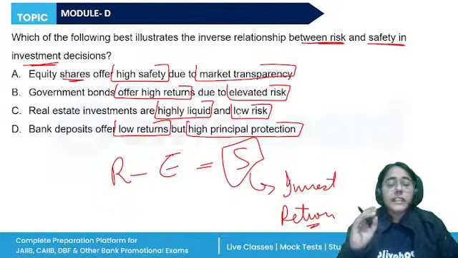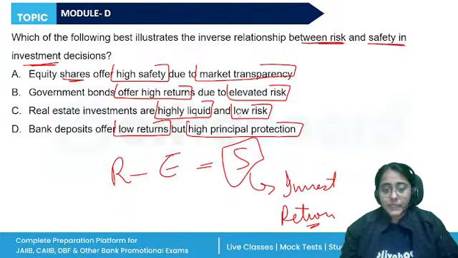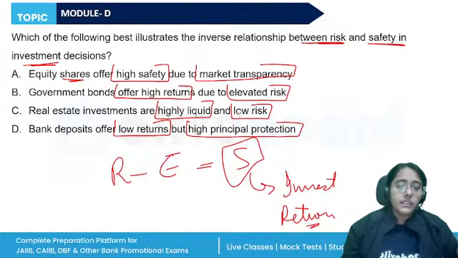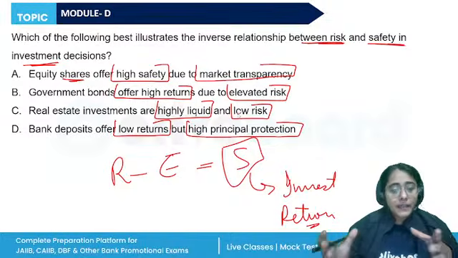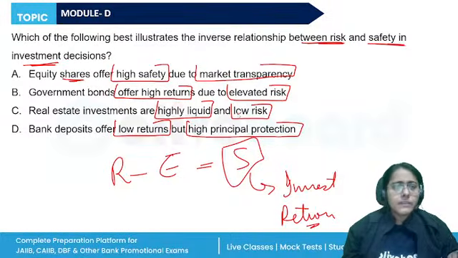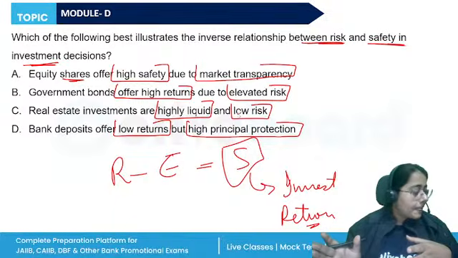So there are certain components of investment. We have return, which is the primary objective of any type of investment, right? Expected return can be a regular income like interest, dividend, or rent, or it can be an increase in the value of investment like capital appreciation, difference between the selling price and buying price, right?